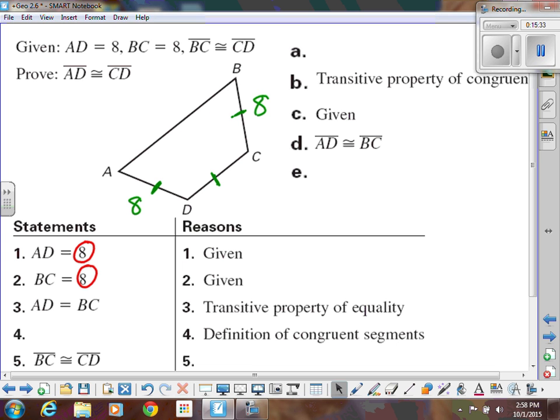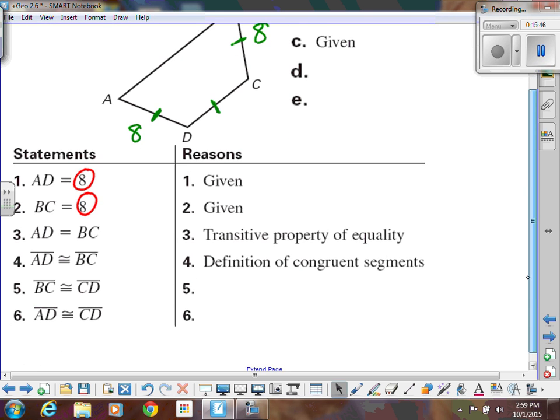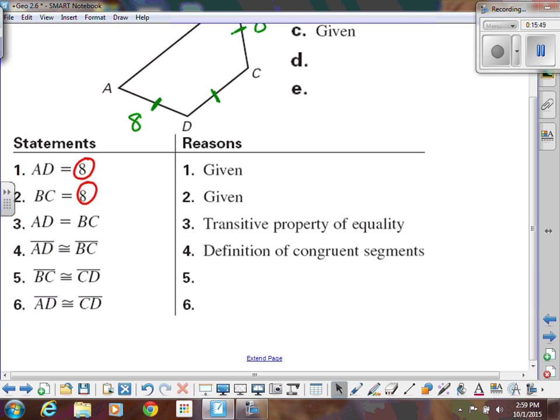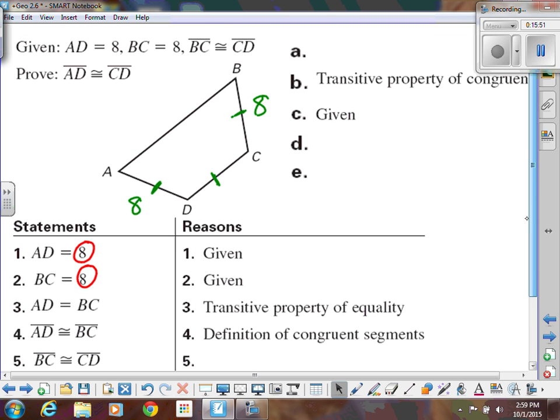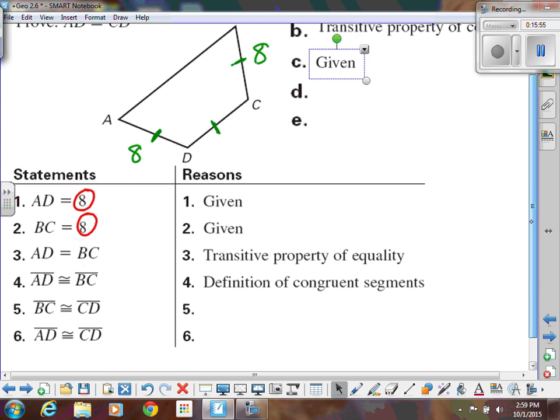Okay. Now on the next line down it says definition of congruence, so that should look exactly like number 3, except it's going to have congruent symbol. All right, so that would be this one. All right, and then it says BC is congruent to CD. Well, that was something they told us from the very beginning, so that was one of our givens. So I'm going to put that in the given.